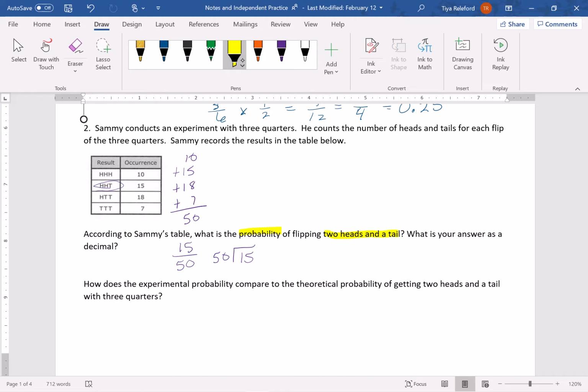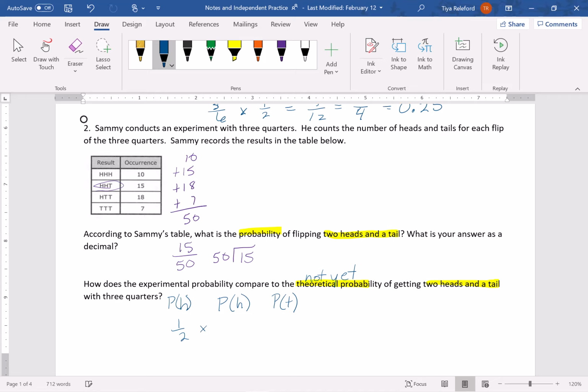Now it says, how does the experimental probability compare to the theoretical probability of getting 2 heads and a tail? So this is what should have happened. So theoretically, we want the probability of heads, and the probability of tails.